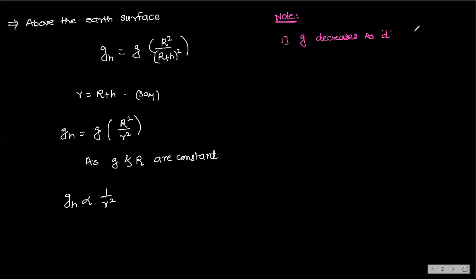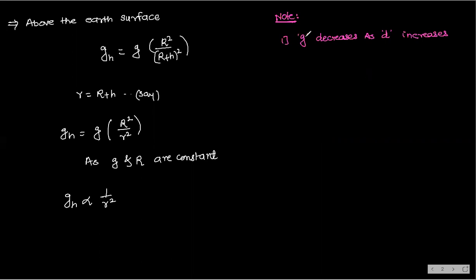You tell me. D increases. Yes, very good. This is not small r, this is depth. Small r is from the center of the earth. Depth is from the surface of the earth. Understood?